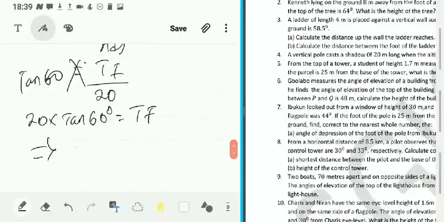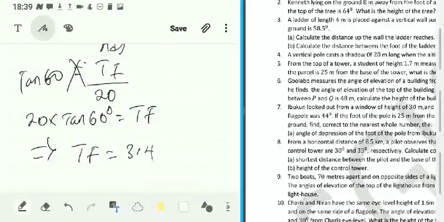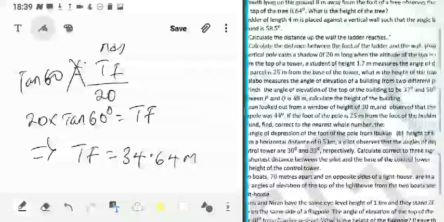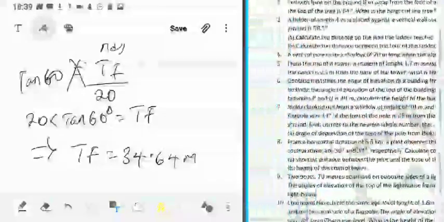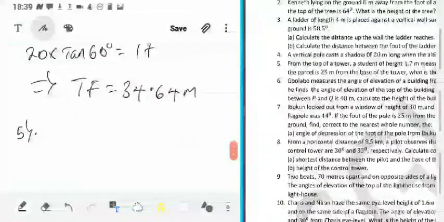So therefore, TF is equal to 34.64 meters. Were we told to round up? No. So I can leave my answer like this. Number 5.